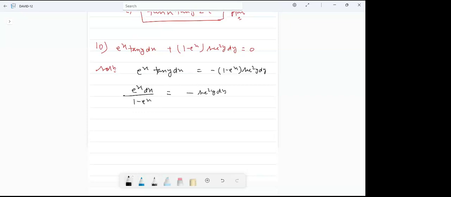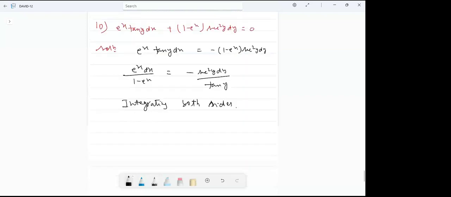Integrating both sides. e to the power x dx upon 1 minus e to the power x equals to minus sec square y over tan y dy.